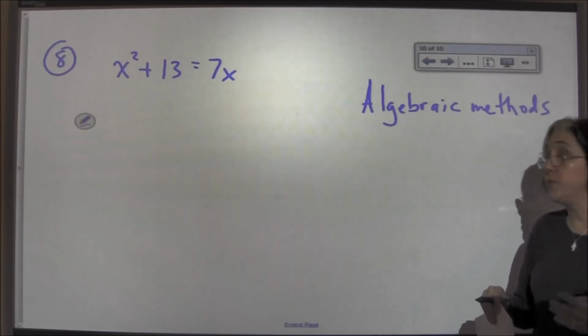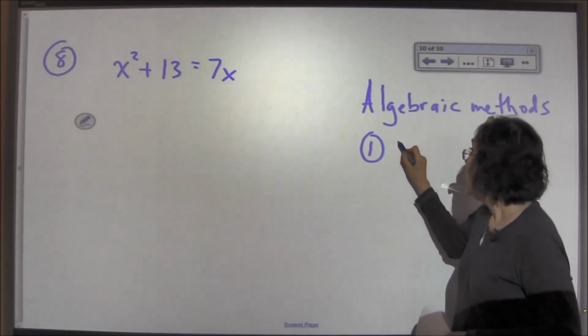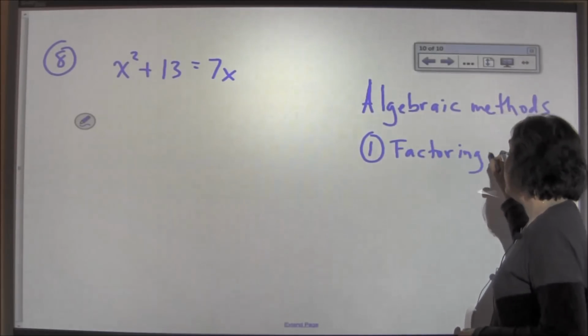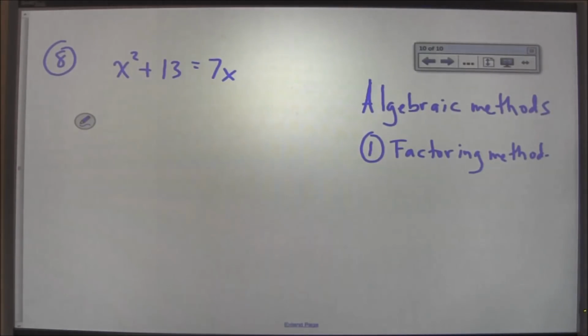So these are your options when you've got a quadratic. If it factors, you can use the factoring method. Now, do you think it's going to factor? No, because we have other questions that are going to test that.